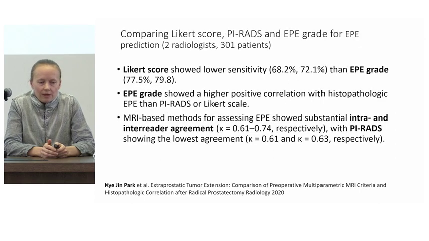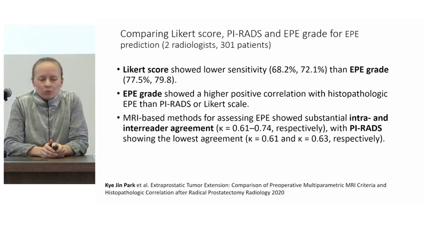And if we would like to compare all 3 systems, we should take a look at the Kiyoun Park paper. They compared all 3: Likert, PI-RADS, and EPE grade. The results are that EPE grade has better sensitivity, and EPE grade showed a higher positive correlation with histopathologic EPE than both the others, PI-RADS and Likert.